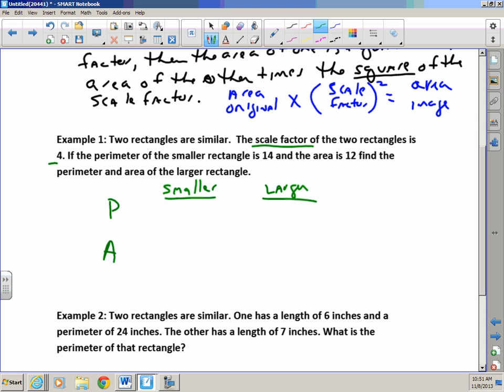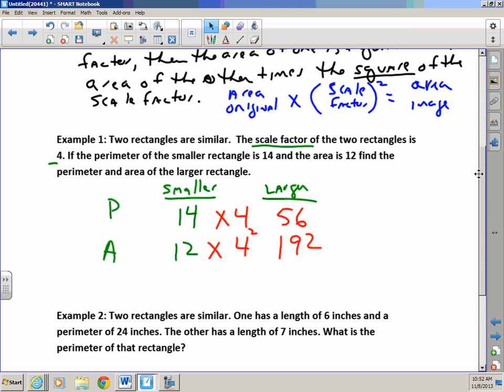So the perimeter is 14, the area is 12. Okay? So how do I find the perimeter and area of the larger? Well, for the perimeter, it's simple. Multiply it by the scale factor. For the area, it is also simple, but you have to remember it's times 4 squared, which is 16, which gives me 192 units squared. Okay?